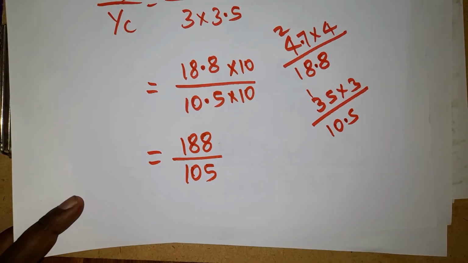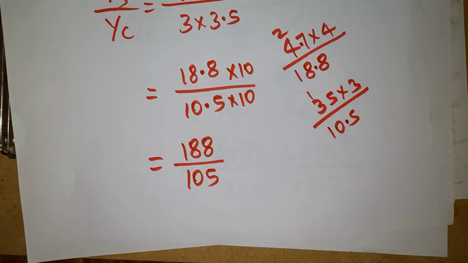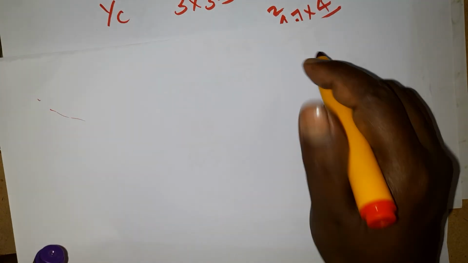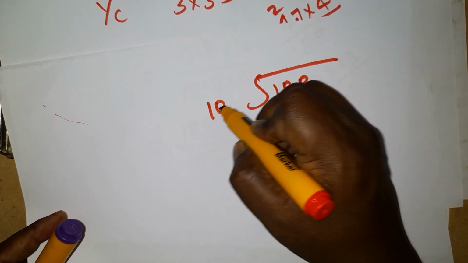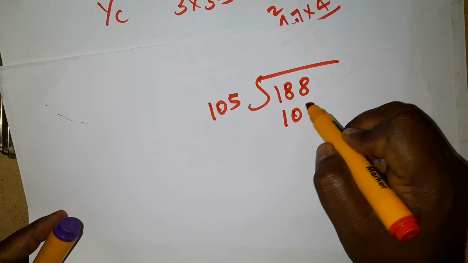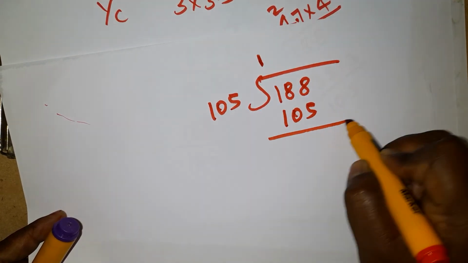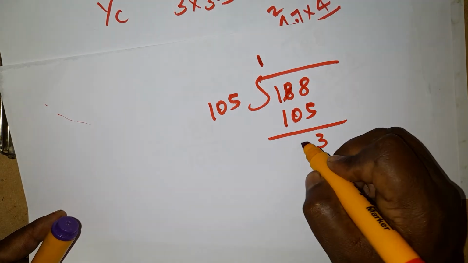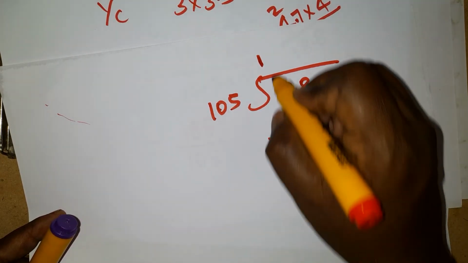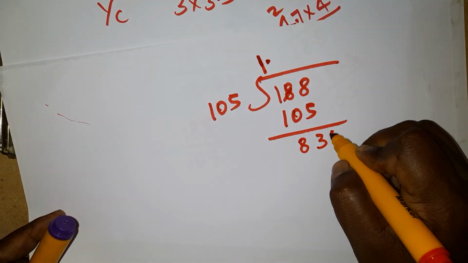Okay, now you can do the normal division. Let me do the calculation here, 188 divided by 105. 105 goes one time. The remaining I am writing is 3, so 3 will come here, 8 will come here, 0 will come here. Then put one dot, and a 0 here.